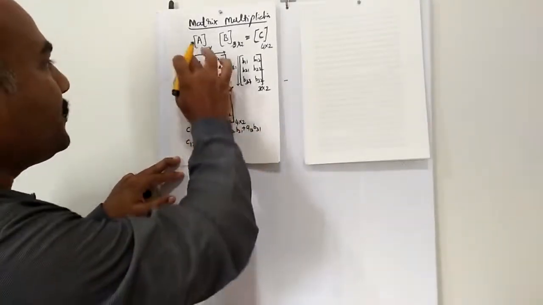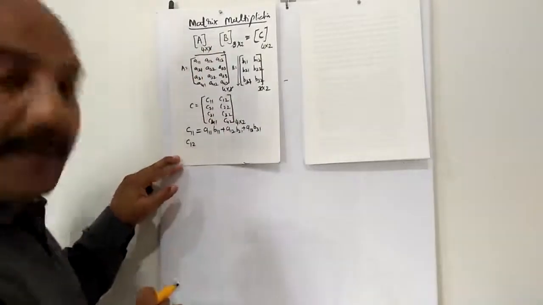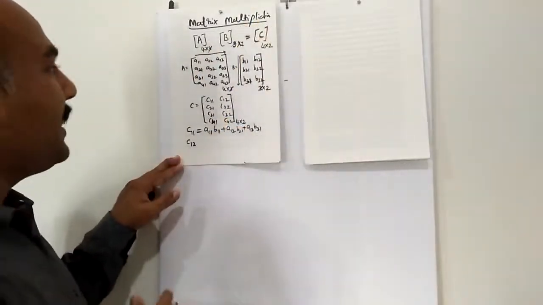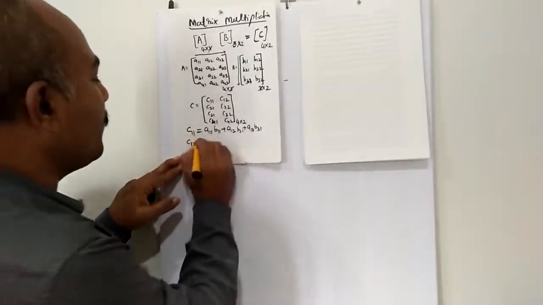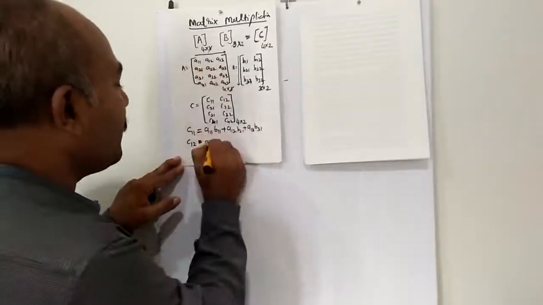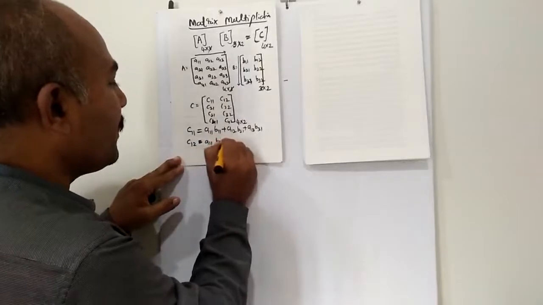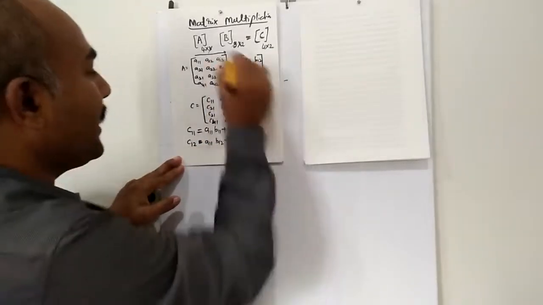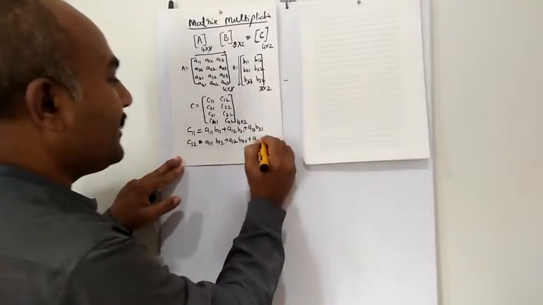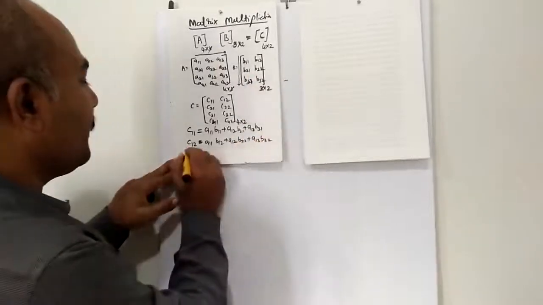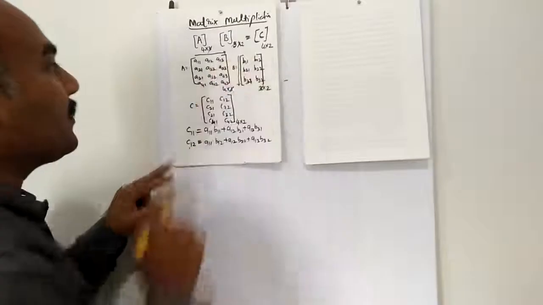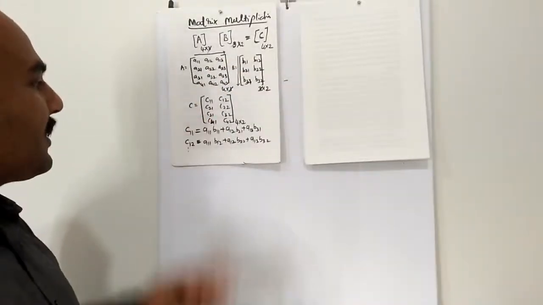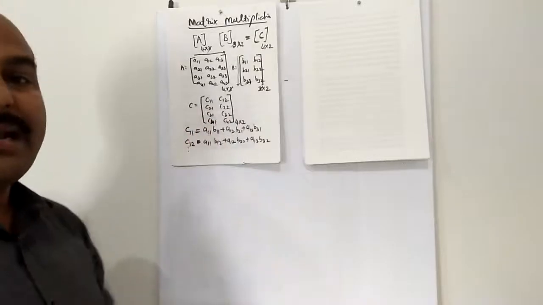C12 is obtained by choosing the first row of matrix A and the second column of matrix B. So C12 is A11 B12 plus A12 B22 plus A13 B32. Similarly, we get C21, C22, C31, C32, etc. So this is matrix multiplication.